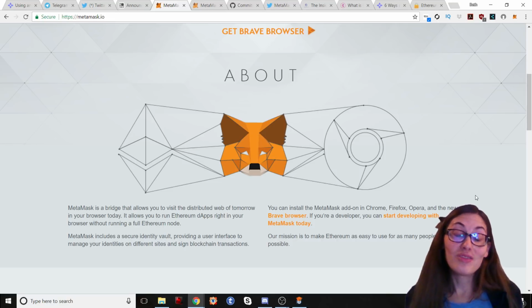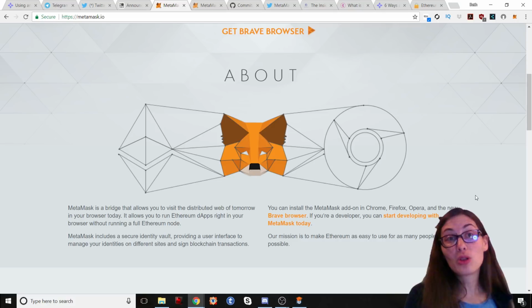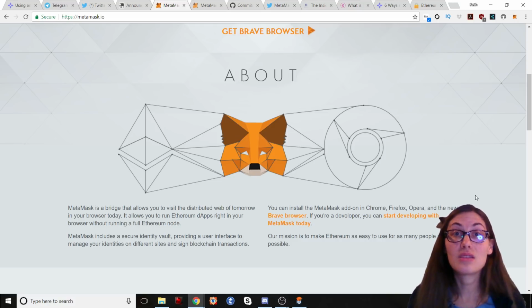So the people who work with MetaMask and the people behind CryptoKitties were working together to help figure out the scaling for the entire Ethereum network.